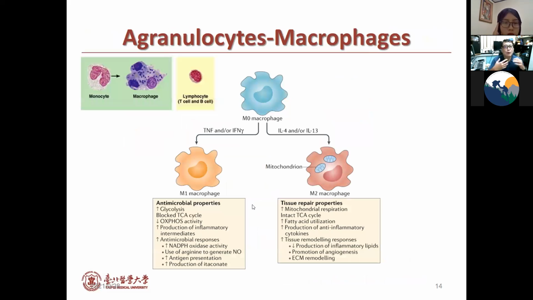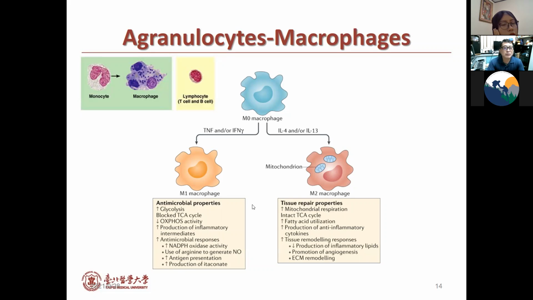So we finish the part on mostly granulocytes, right? And then we are going to move to another cell in our bloodstream belonging to innate immunity, monocytes. I told you activated monocytes are called macrophages, right? Macrophages will turn into different subsets when they receive TNF alpha or interferon gamma.